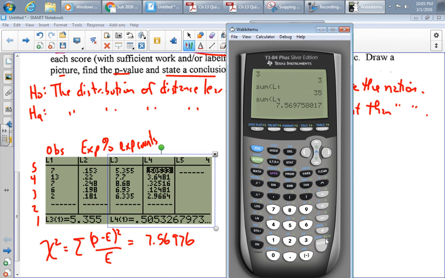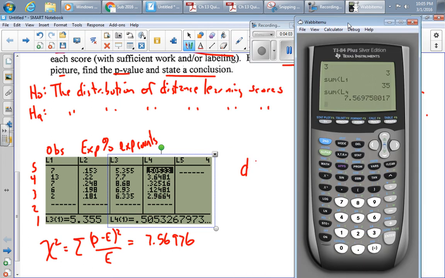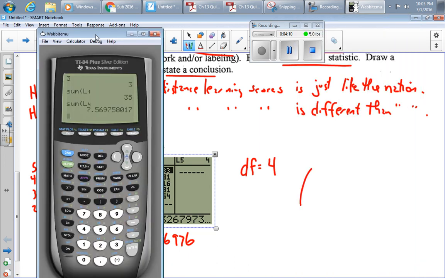The degrees of freedom for this problem are going to be 4, number of categories minus 1. And I can draw my graph. It's a right skewed graph. It's the chi-squared distribution with 4 degrees of freedom. Here's my p-value, and my test statistic goes right here.